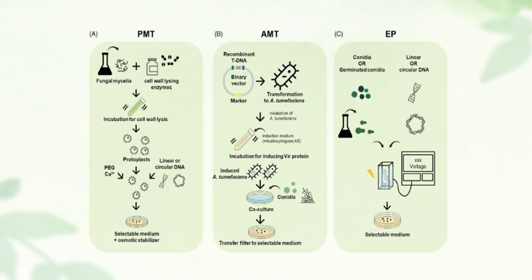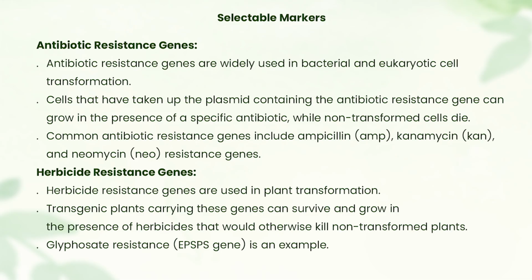The next is selectable markers, antibiotic resistance genes. Antibiotic resistance genes are widely used in bacterial and eukaryotic cell transformation. Cells that have taken up the plasmid containing the antibiotic resistance gene can grow in the presence of a specific antibiotic, while non-transformed cells die.